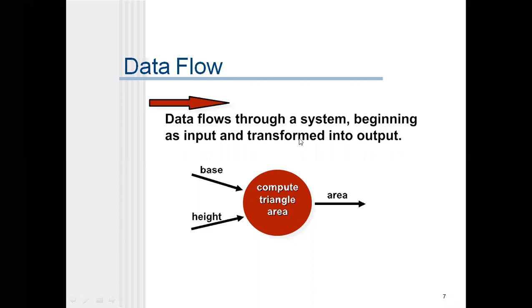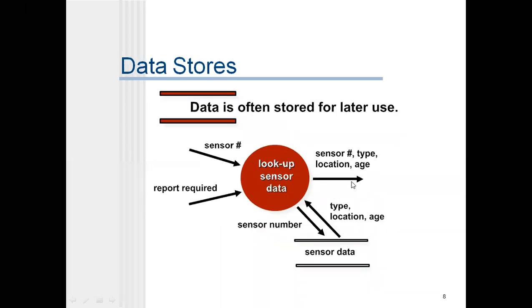Calculation is also called the process part. Process is represented using a circle symbol, so that's why we are using the circle symbol here. For processing the area of a triangle, you need to give two values, base and height, then it will give the output to us. This is a data flow, right?